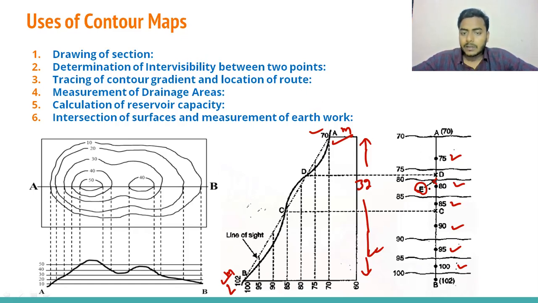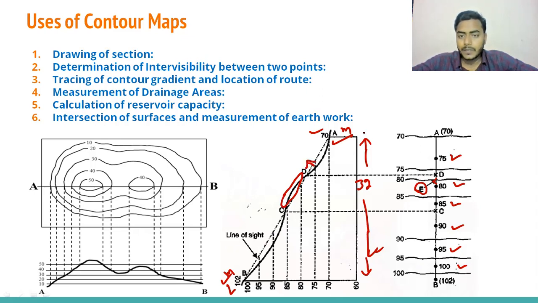What is the meaning of this? It means here the ground is elevated compared to this line AB. Once some ground is elevated, stations A and B are not visible. You can see by the figure also, this portion is elevated above the line, meaning stations A and B are not visible.